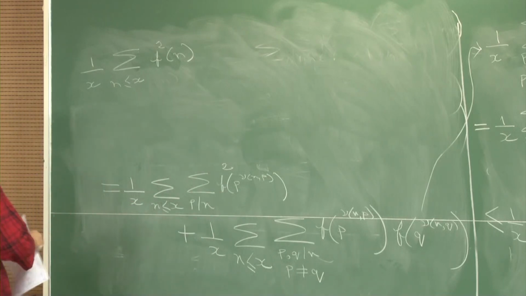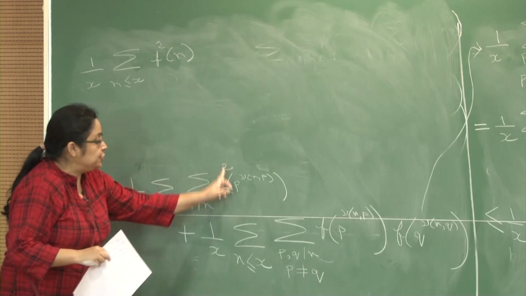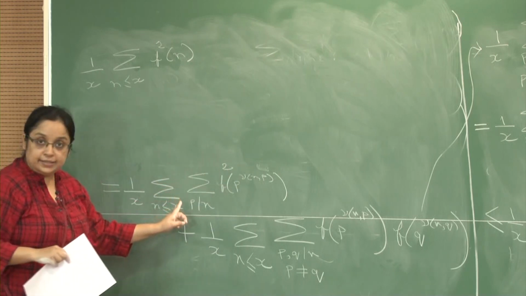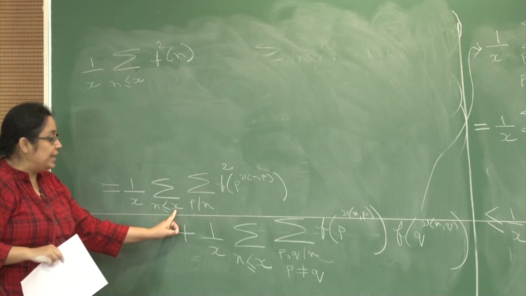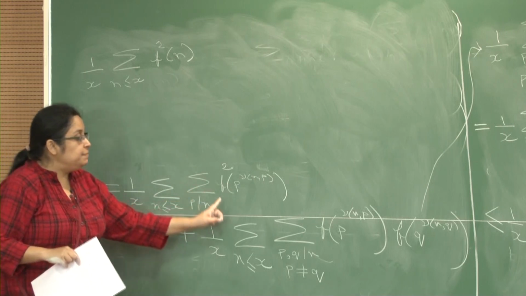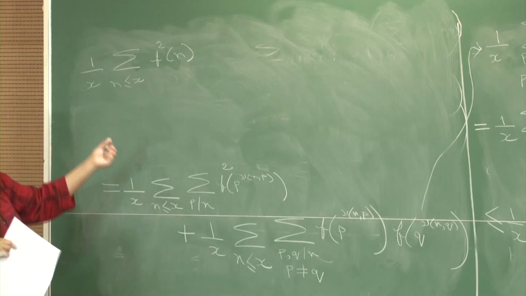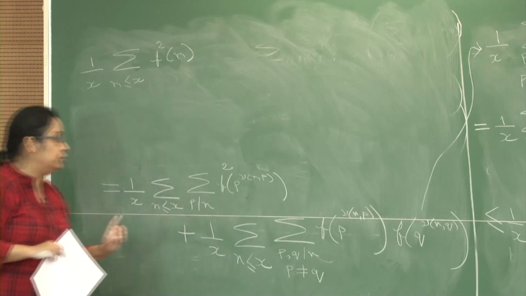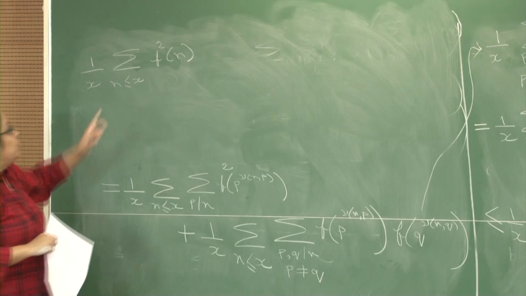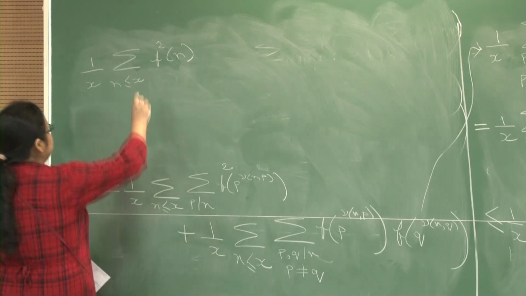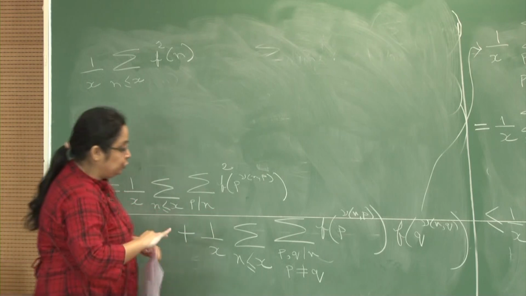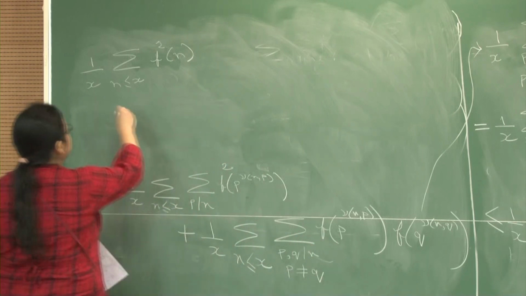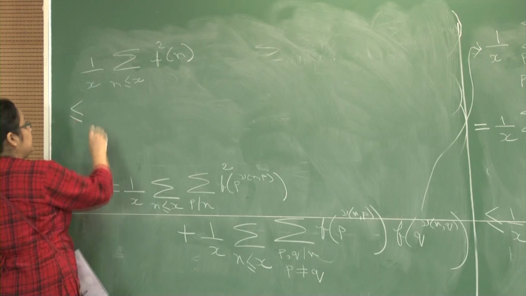So again you can take f square of p to the k outside, and then count all those n's up to x such that k is exactly equal to nu of n comma p. So combining this and what you did for the second part, you have the following inequality.